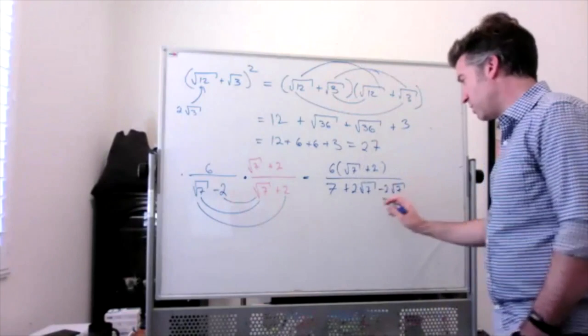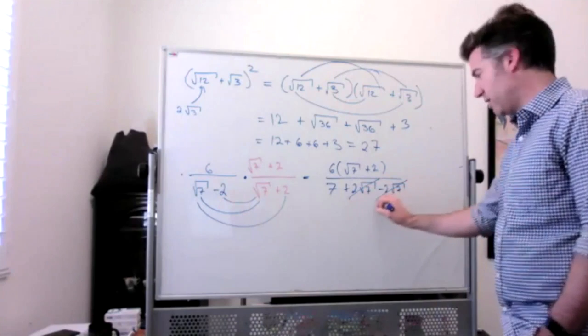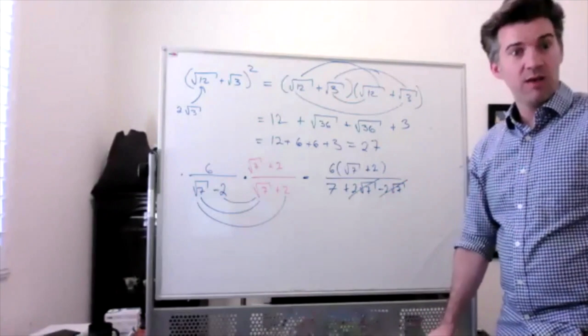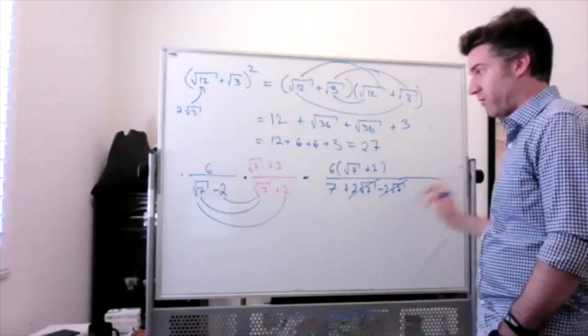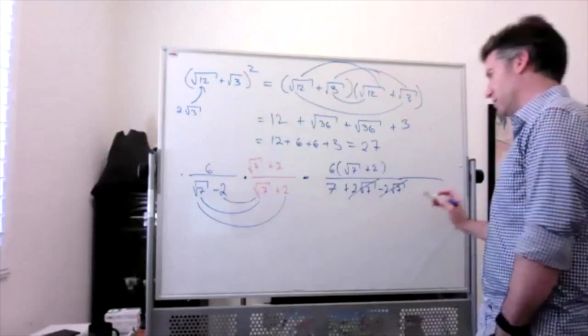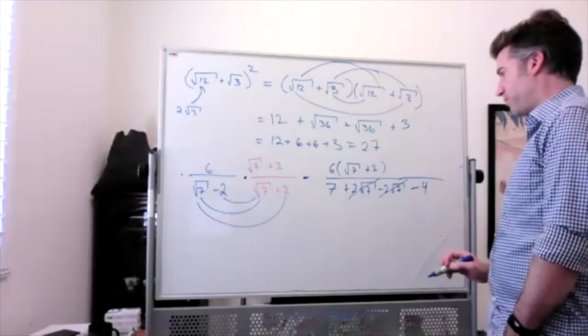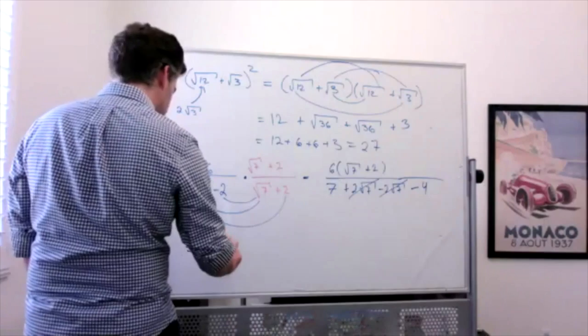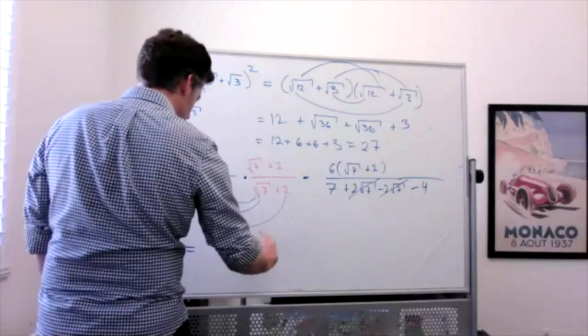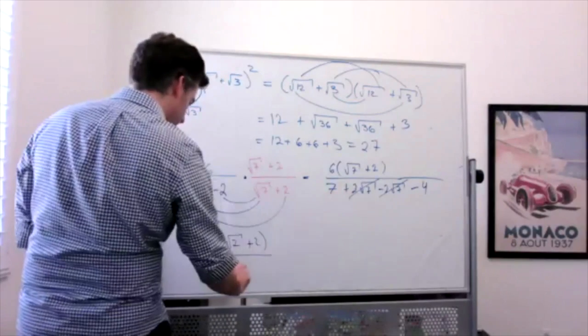And those middle terms exactly cancel each other out. So the whole reason we multiply by the conjugate is so that you don't have any more radicals left. And then negative 2 times 2 is minus 4.